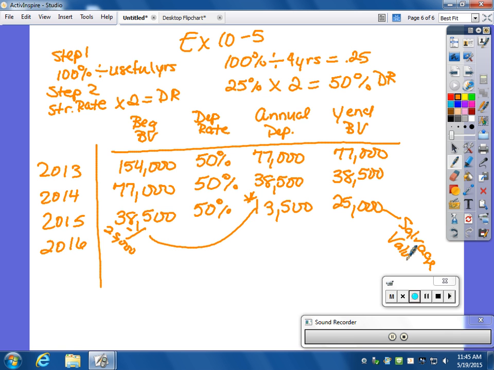So if they want to get anything out of that asset, they will probably dispose of it for that 25,000 by year 3. That's what I mean by double declining being more accelerated. Now, if you add these up, what do you get?